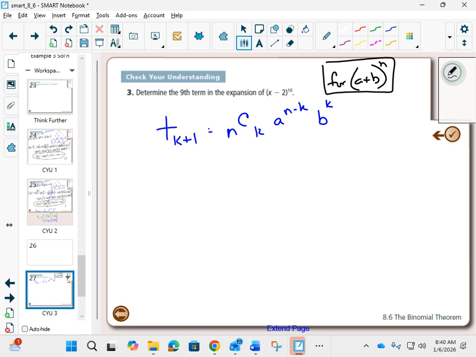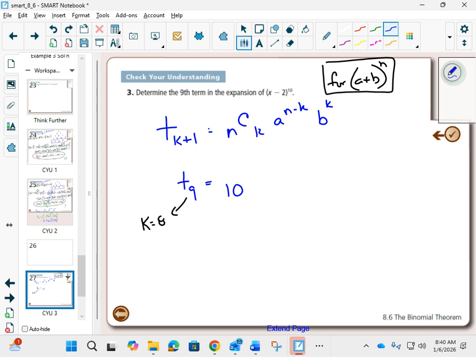So this formula in blue says if I want to find term 9, that's telling me the k value is 8. I get the n from my exponent, but that's not told to you on your formula sheet. So you would have to know how to use this formula, where things come from.